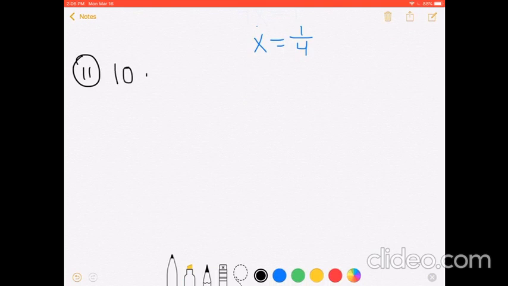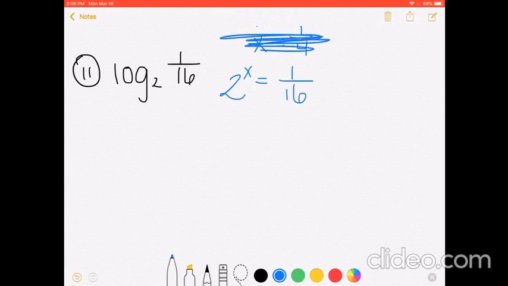Number 11. We're going to evaluate log base 2 of 1 over 16. We're going to go ahead and write that in our exponential form. Well, that's 2 to the x is equal to 1 over 16. And then now I need to write that 16 with the same base. Well, I don't want what's above it to confuse us, so I just crossed that out real quick. I know that 16 is 2 to the 4th power, so I'm going to take it out and replace it with 2 to the 4th.